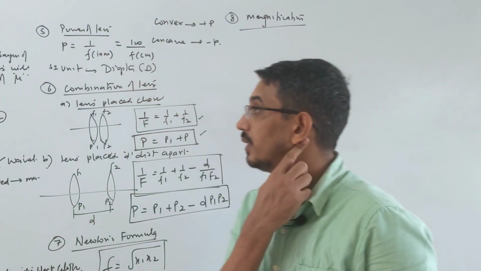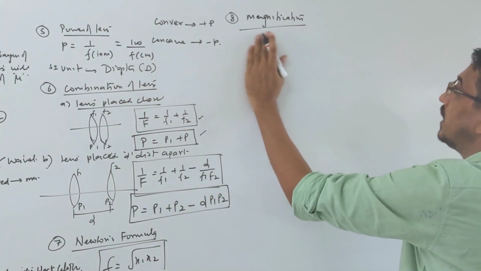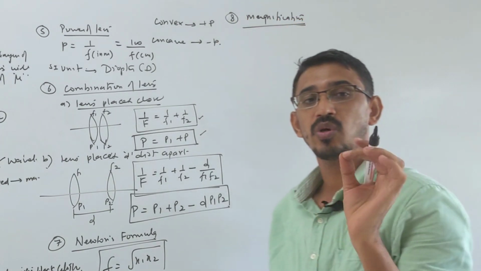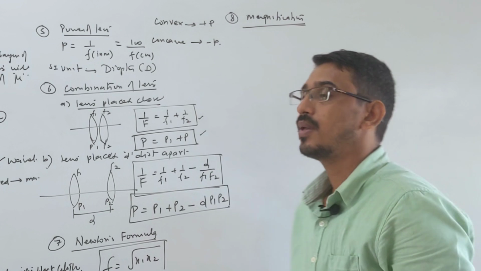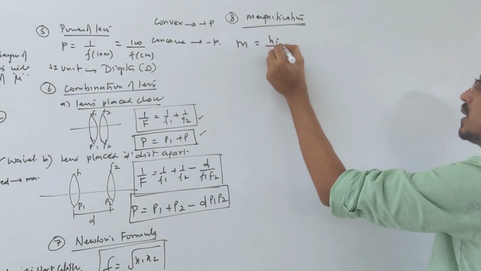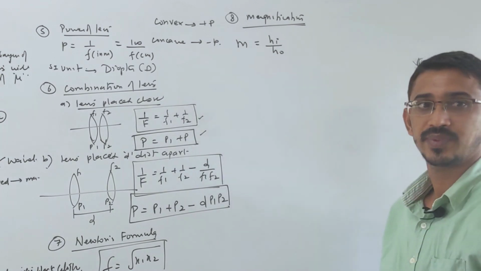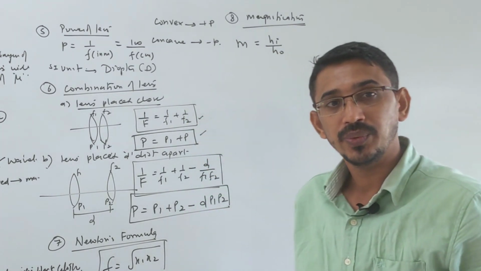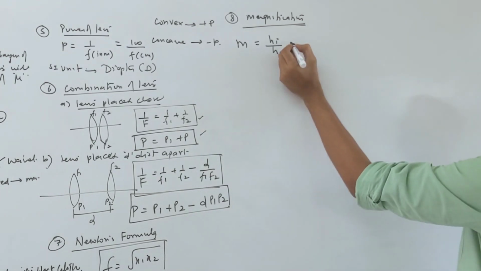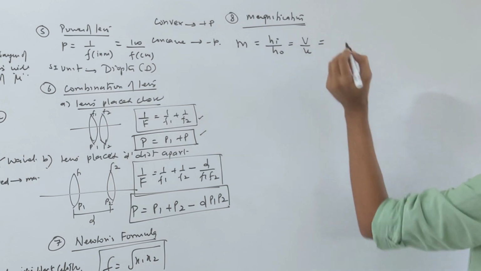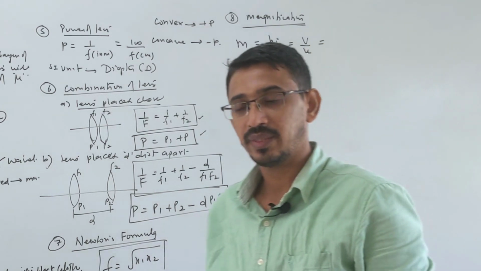So the magnification formulas look almost similar, with small changes only in sign. Look here, how do you write magnification? You write height of the image by height of the object. Correct? Then in terms of v and u, in case of a mirror you wrote minus v by u. Here you just write v by u, this much only.